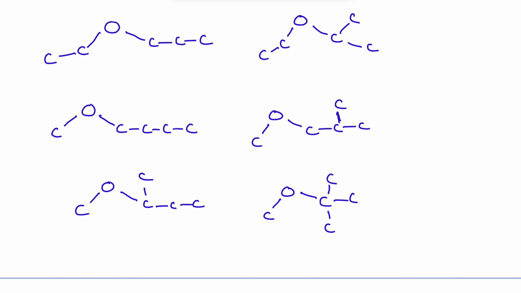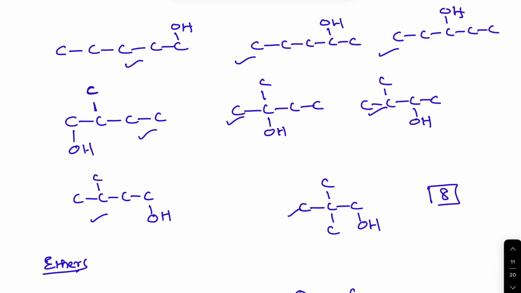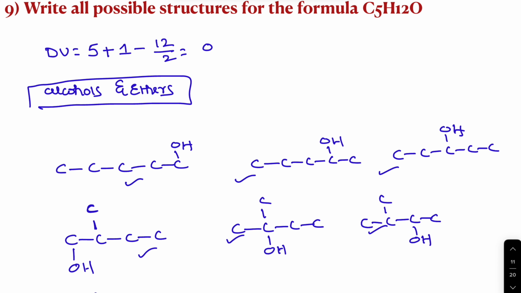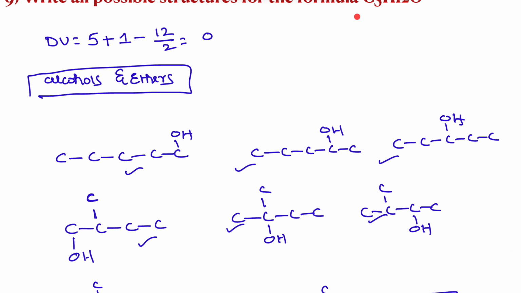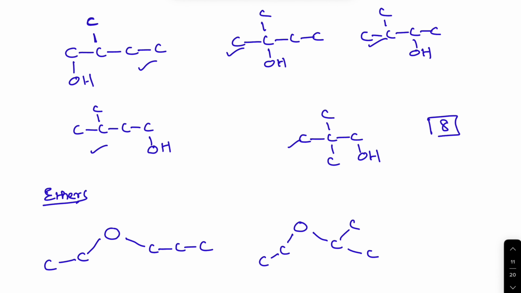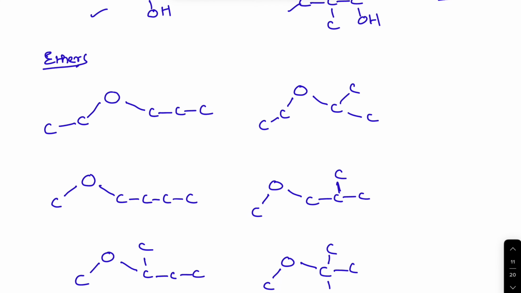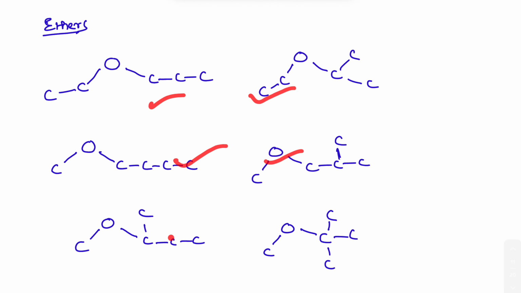Butyl groups, one time investment. If you know how to write the butyl groups, it will be easy for you. If you want, you just go and watch that video. There I explained all alkyl groups. So C5H12O, 8 are alcohol isomers, and 1, 2, 3, 4, 5, 6, so totally 6 are ether isomers.